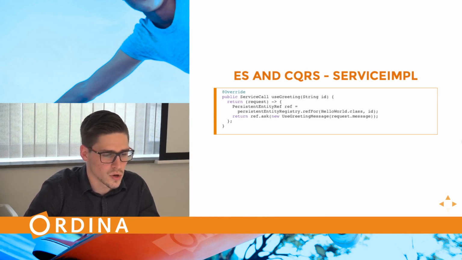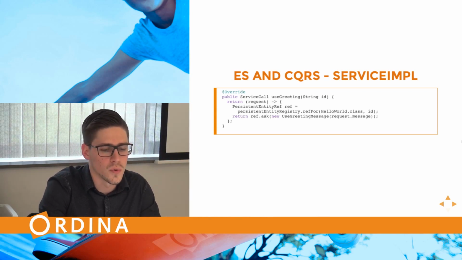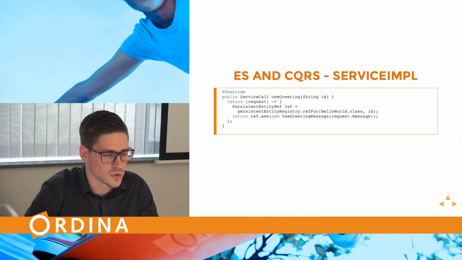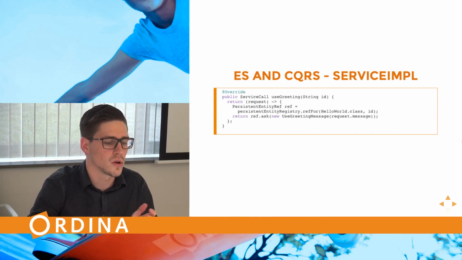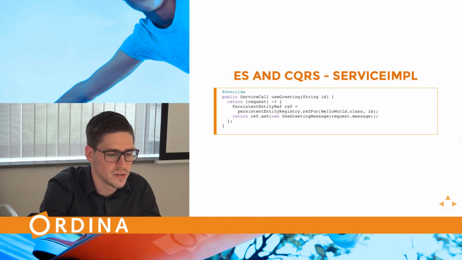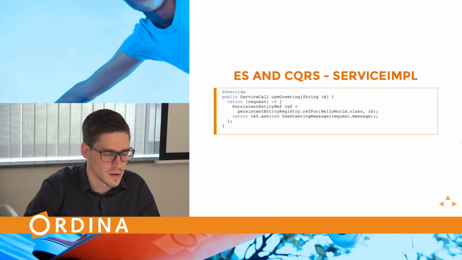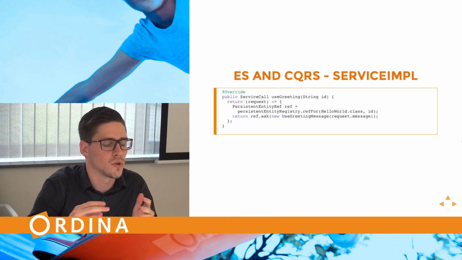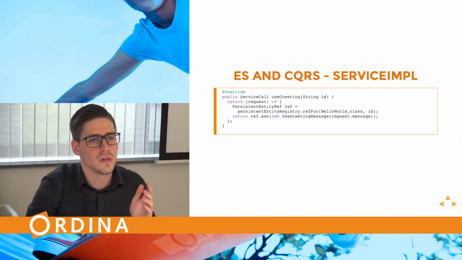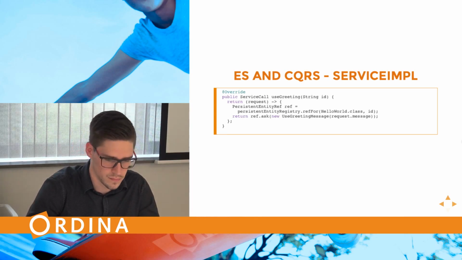So we are looking up the reference for the hello world class for the given ID right here. Once we've retrieved this reference, we can then send it a command. In this case, we will send it the use greeting message command, and then it will execute the command handler that's registered on the persistent entity.